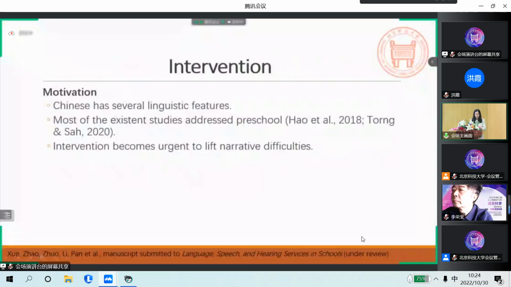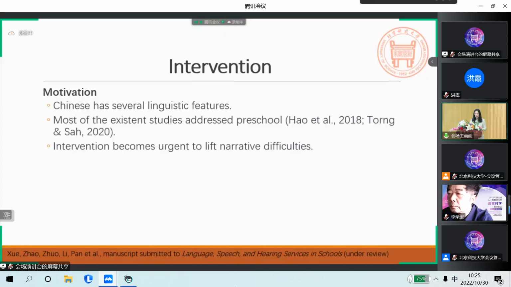Because Chinese has several unique linguistic features, and also we found that most studies are focused on preschool children.